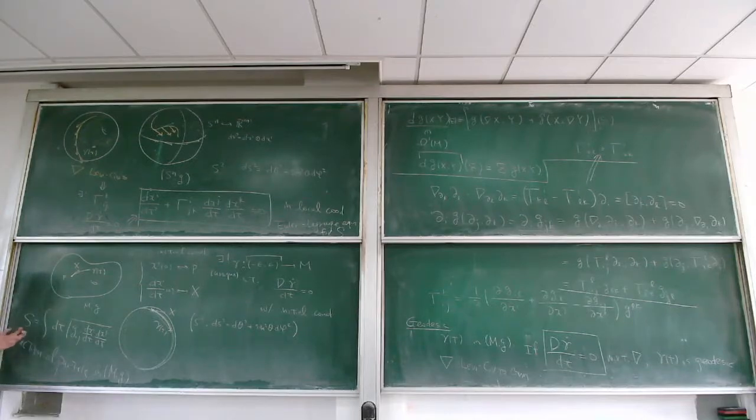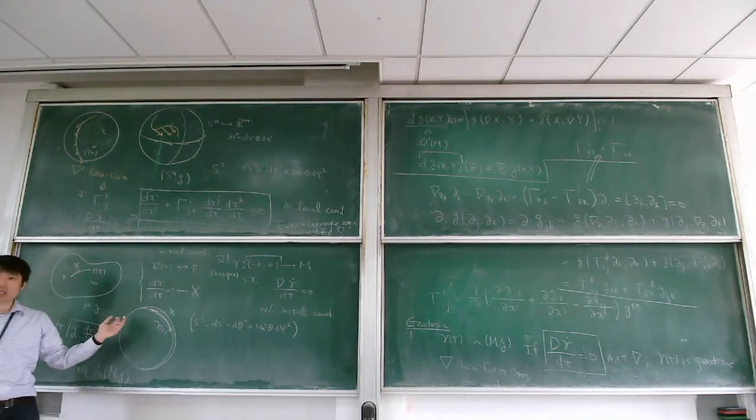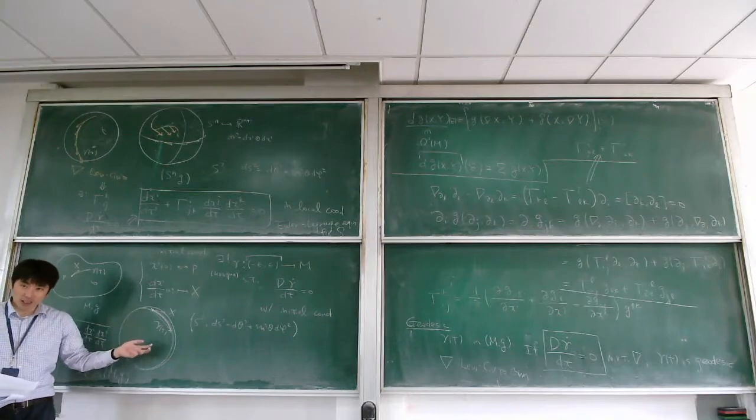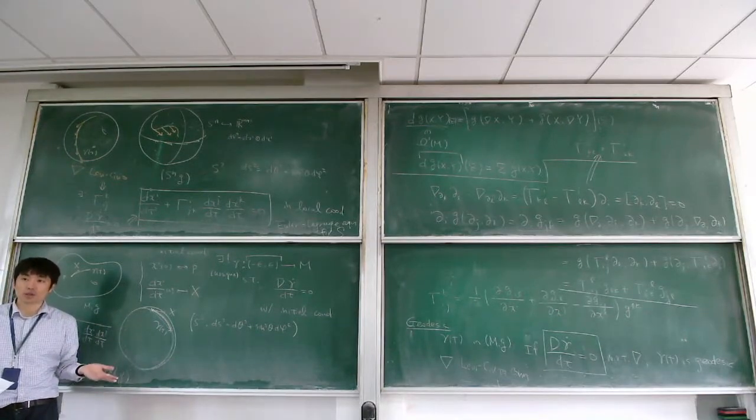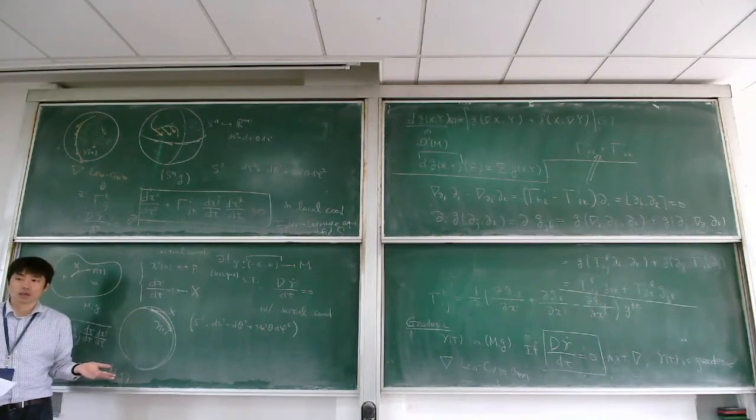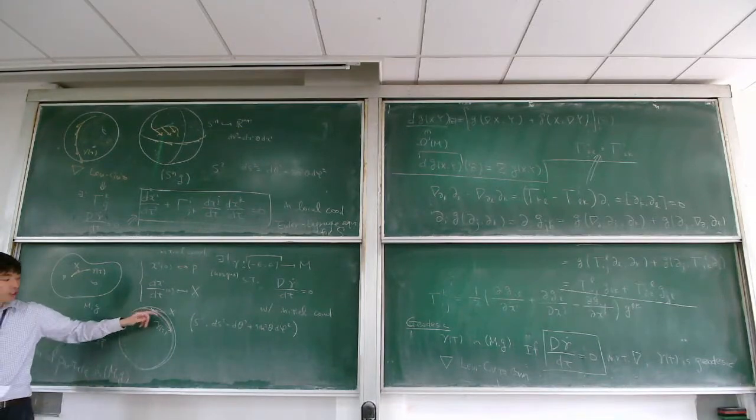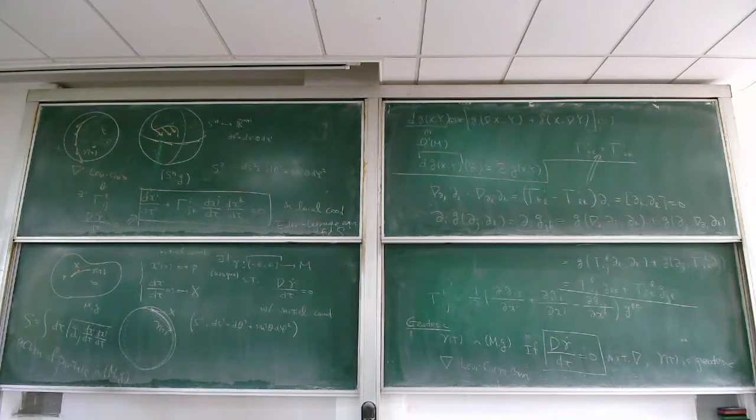Since this is a length, this will give the length. So the geodesic locally gives you the shortest distance between two points. This orange one is the shortest distance. I didn't write clearly about the shortest distance in the lecture, so I think I should add some more explanation about that.